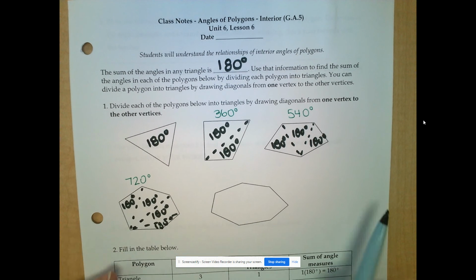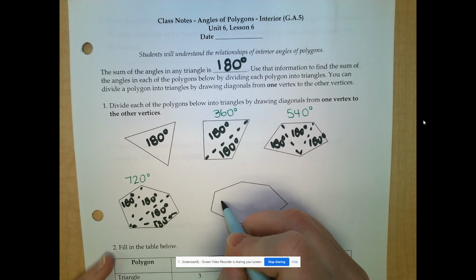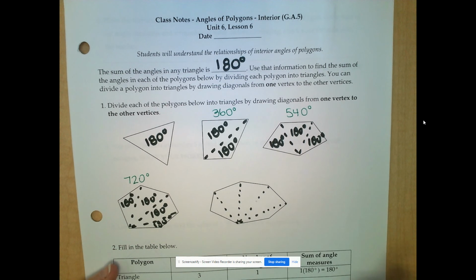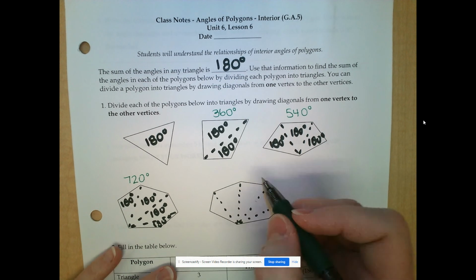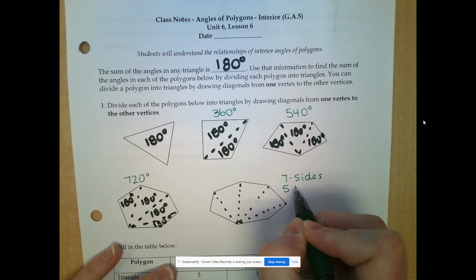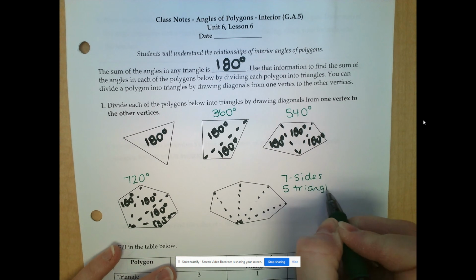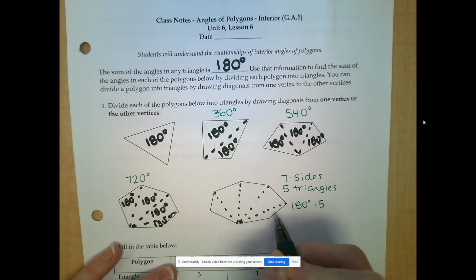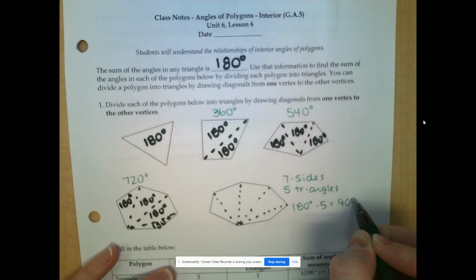And it would make sense then that this 7-sided shape would be made up of 5 triangles, each 180 degrees. It has 180 degrees times the 5 triangles, making it 900 degrees total.